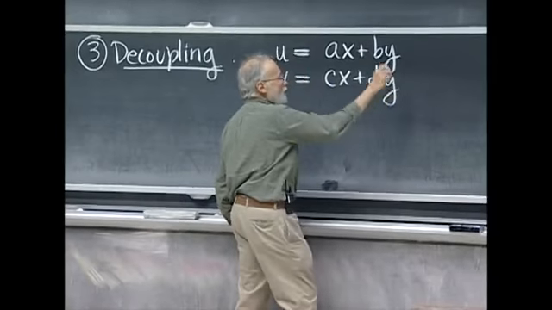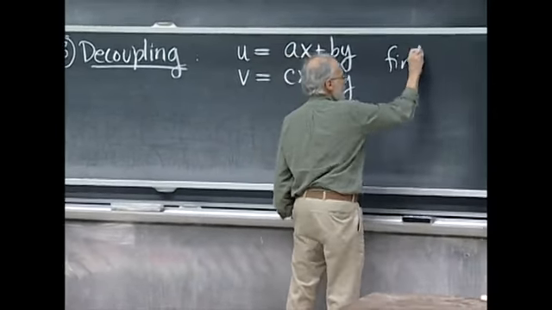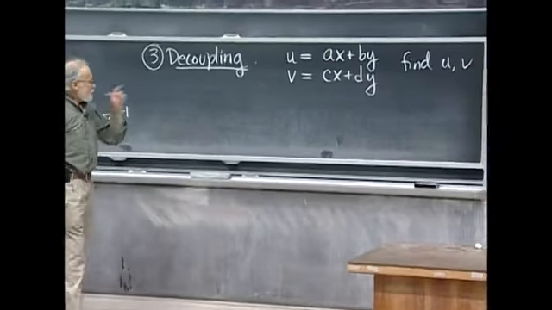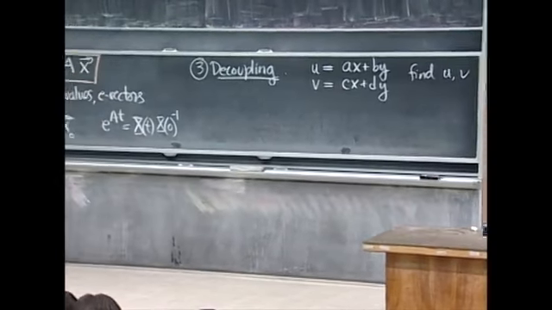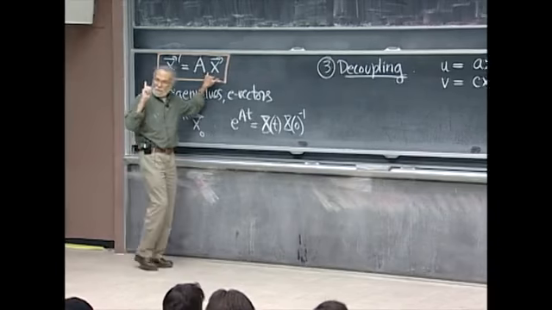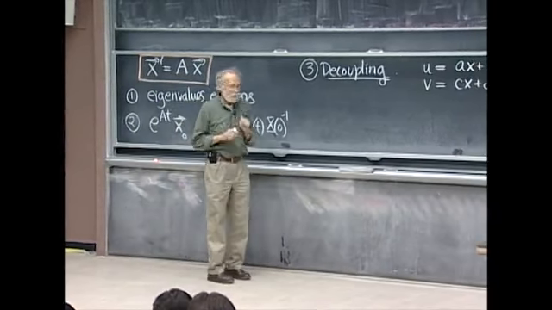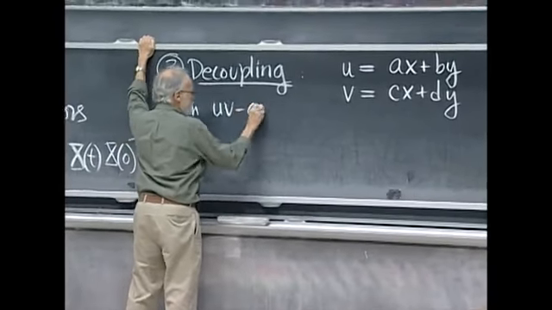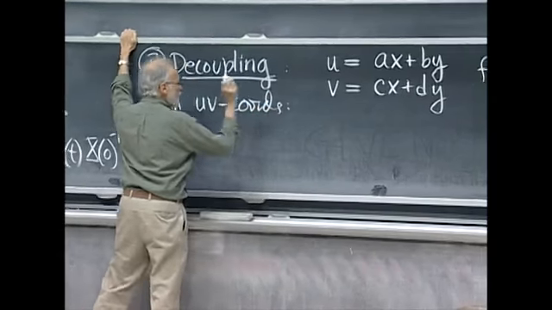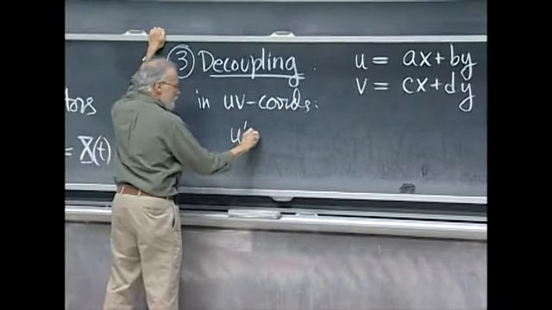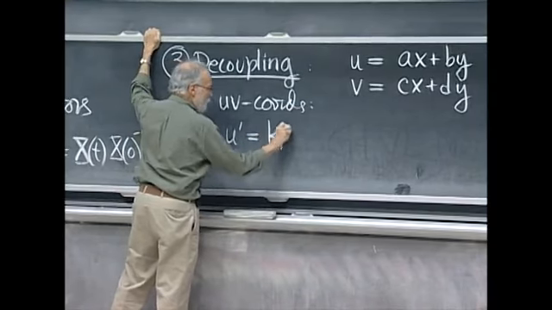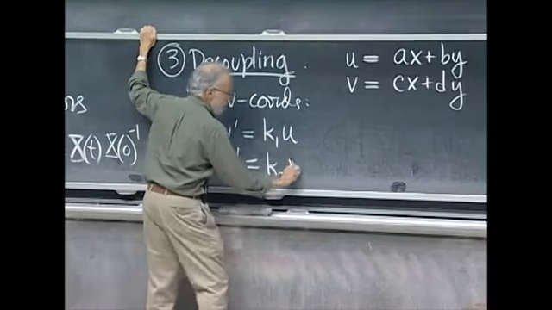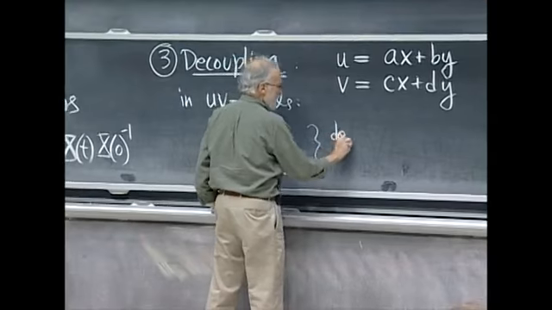So the problem is to find u and v such that something wonderful happens, such that when you make the change of variables to express this system in terms of u and v, it becomes decoupled. And that means the system turns into a system which looks like u prime equals k1 times u and v prime equals k2 times v. Such a system is called decoupled.